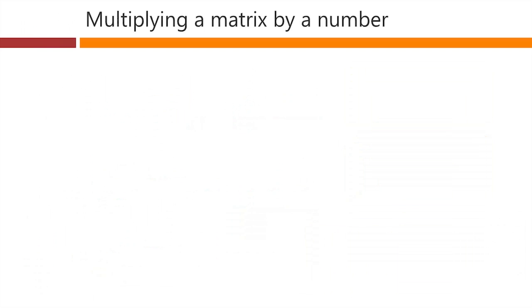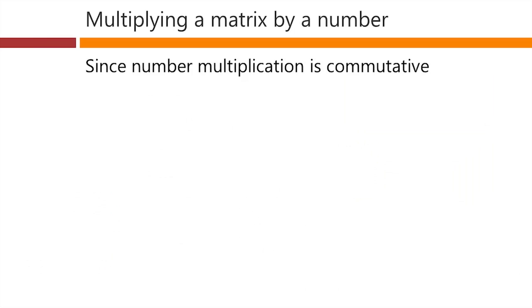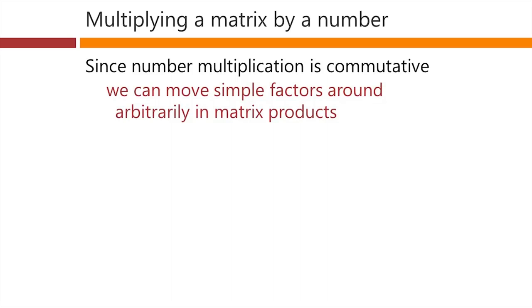Now, in multiplying a matrix by a number, we know, of course, that number multiplication is commutative. So if we have some product of numbers and matrices, we can simply move factors around arbitrarily in matrix products.